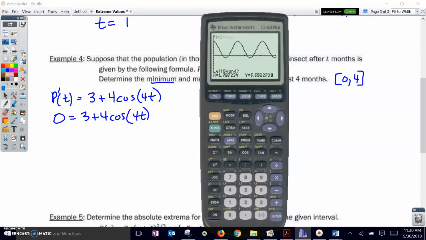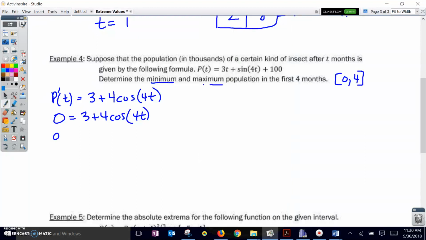I'll start with the first one over here on the left. And that's 0.6047.